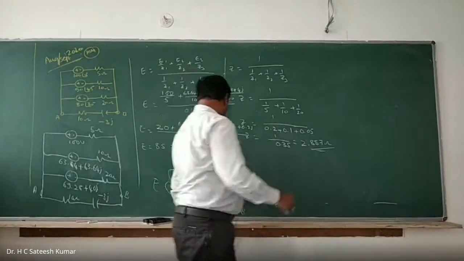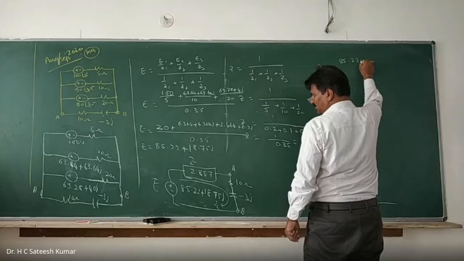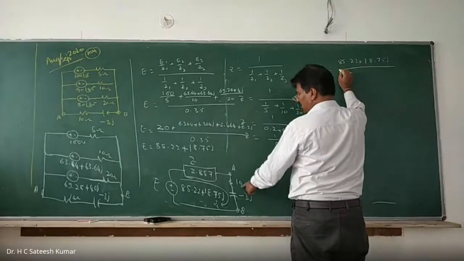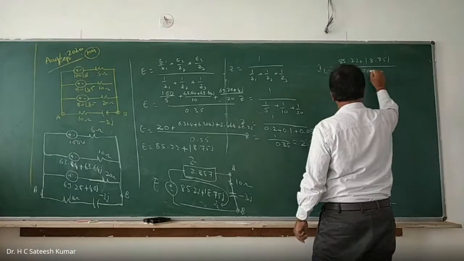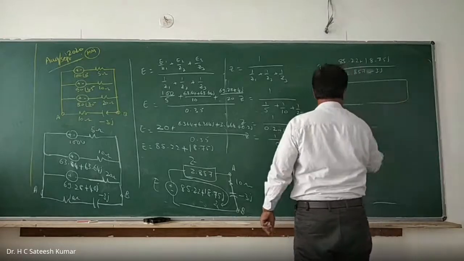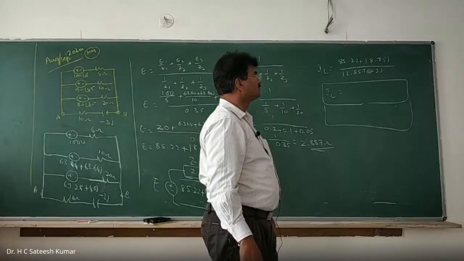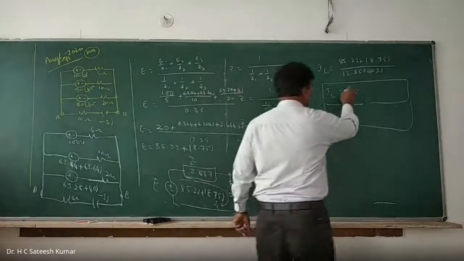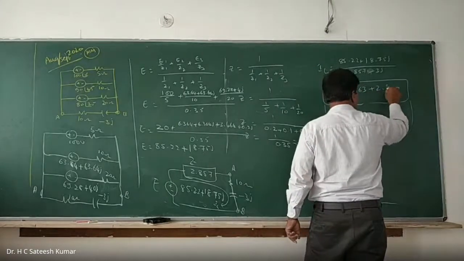Okay, right. Now you find out IL. IL is equal to 85.22 plus 18.75J divided by 10, the real part we added, 12.857 minus 3J. Tell me the value of IL. It is 5.849.